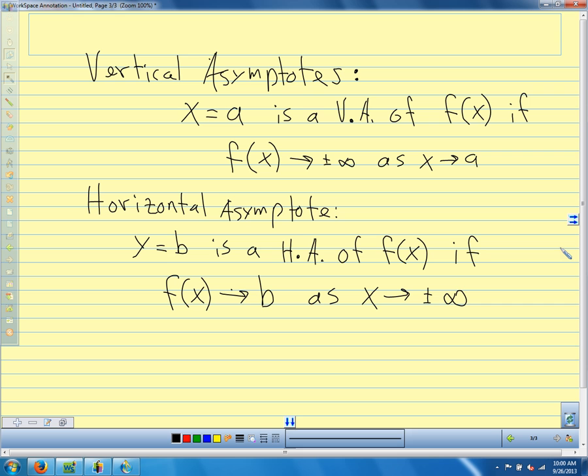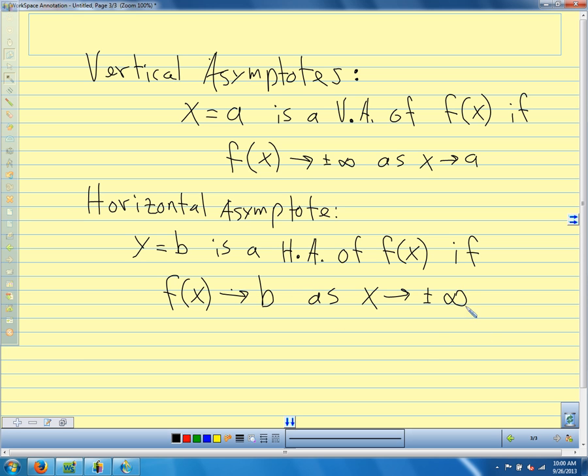What else have we called that? We've worked with that before. What do we call that for our function? It was on the quiz. The right and left hand behavior. The end behavior. So the horizontal asymptote tells us about the end behavior of our function.